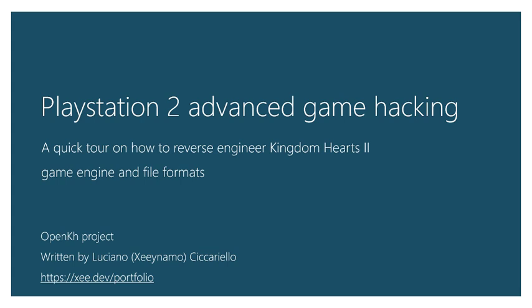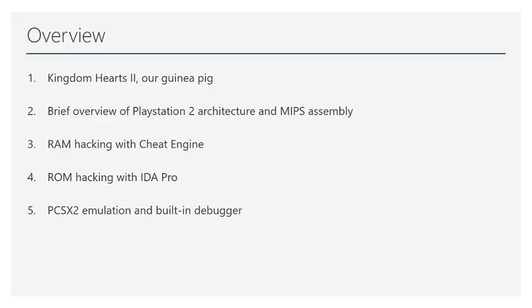Yeah. And I will explain why we are still stuck in this damn game. So, basically the overview for this video will be to explain why we chose Kingdom Hearts 2, our guinea pig, for this short talk.